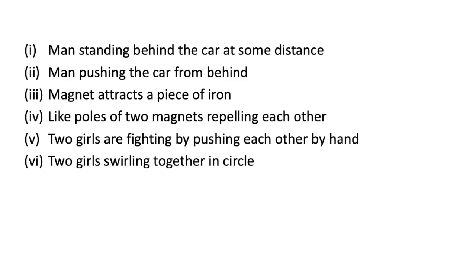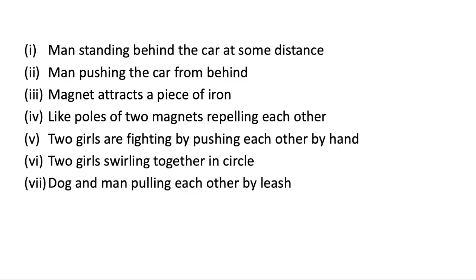The two girls swirling together in a circle. The two girls interact with each other by pulling each other through the muscular force of the hand. They move around in a circle in tangent direction. Hence, there is a change in speed and direction of motion of the girls, thus changing the state of motion.